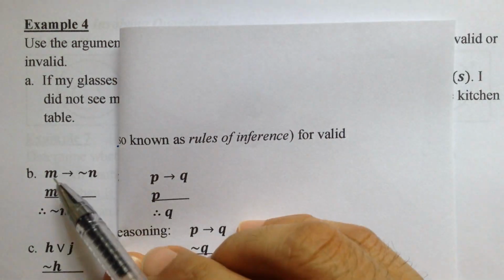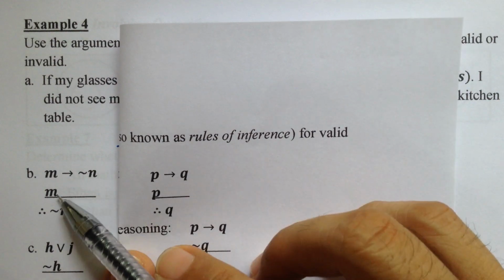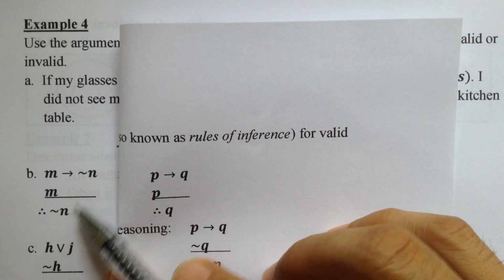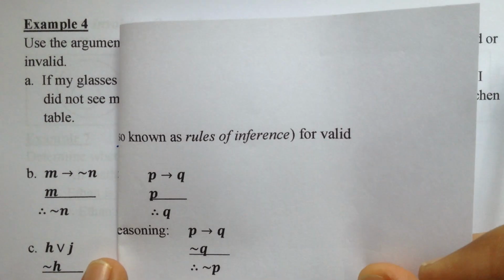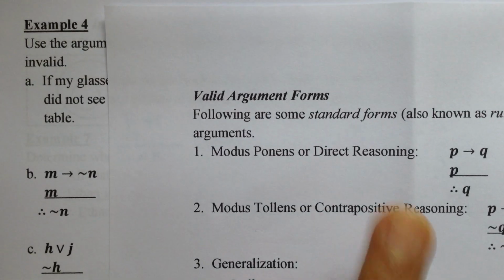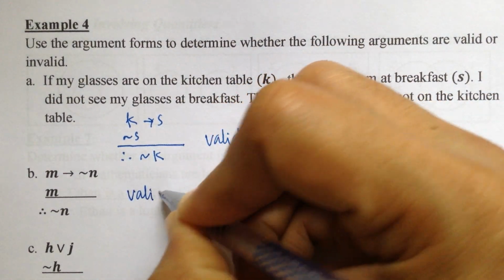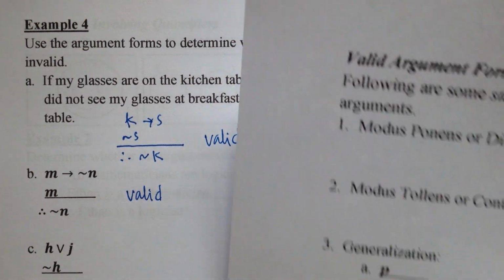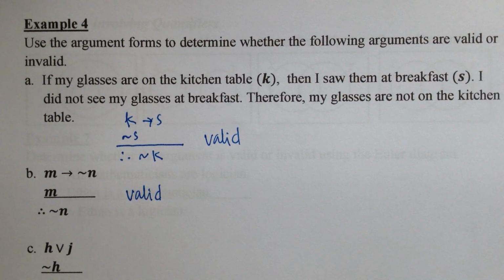This stands for your P, this stands for your Q, then you have P, then the conclusion is your Q, right? You call this the modus ponens, or direct reasoning. So we say that this is valid because there is a similar form from our list of valid argument forms.